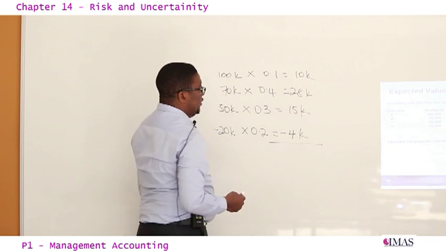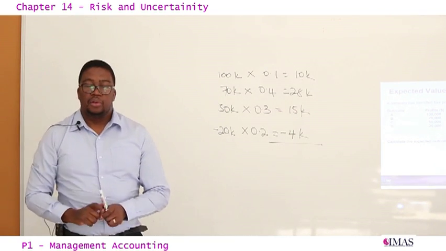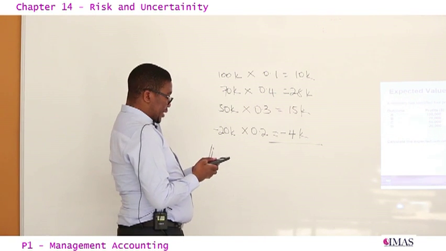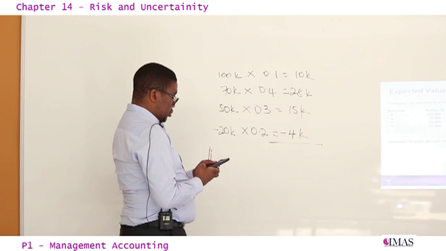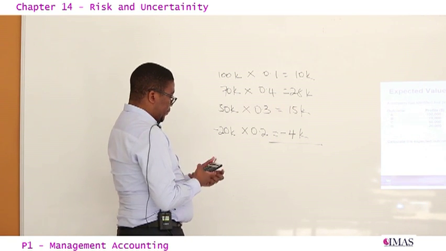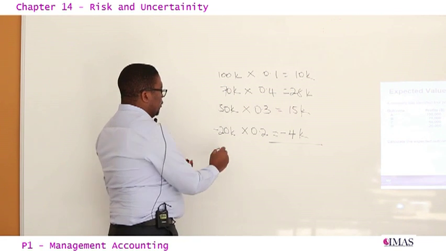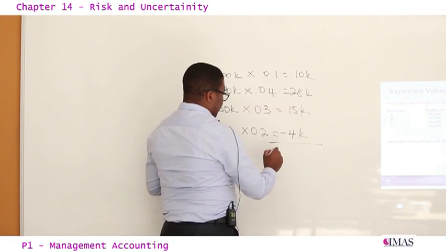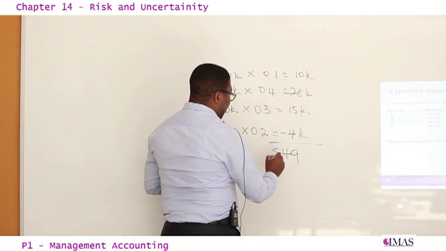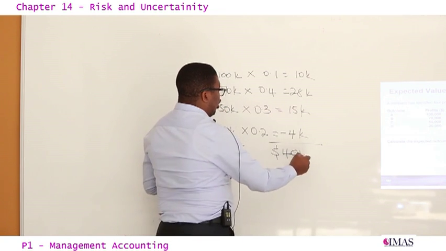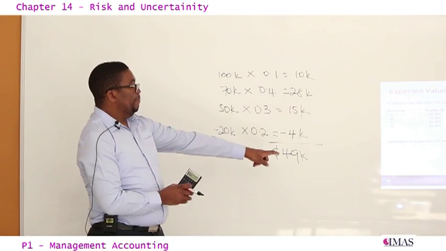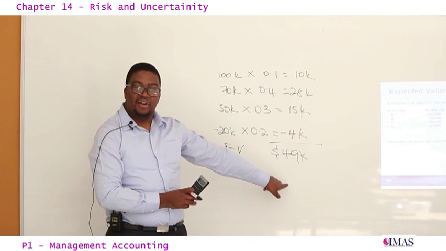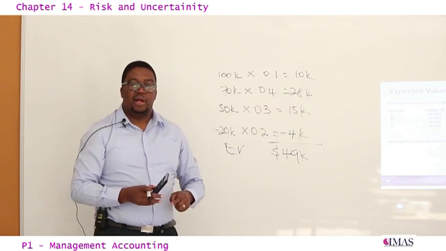If you sum all of these to get your expected value, we've got to add: 10 plus 28 plus 15 minus 4. Therefore, the expected value of this strategy will be $49,000. That is the long run weighted average profit of each of the possible outcomes.